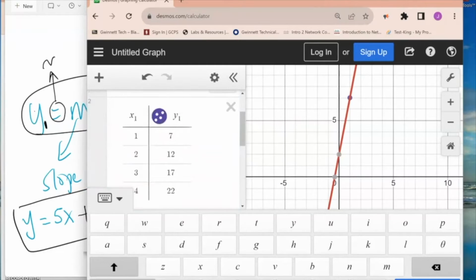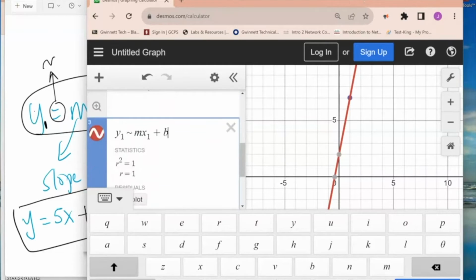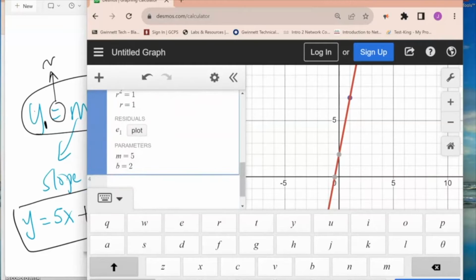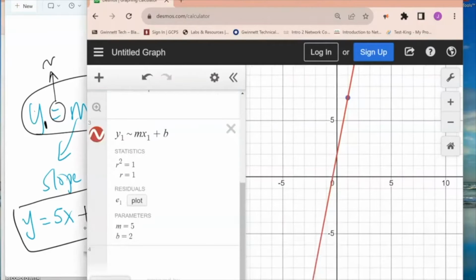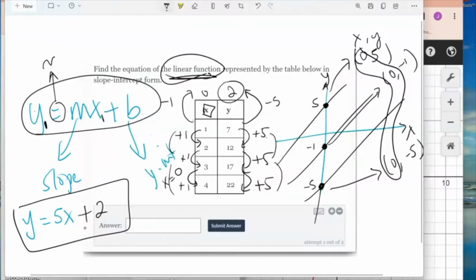So once again, you put the table in, you write y equals mx plus b, but you use sub 1 and not an equal sign, but a squiggly line. And it's going to give you what your slope is, which is 5, which makes sense. And your y-intercept was 2. So if the table is not as easy as this, in other words, it's not changing constantly on both sides, then go ahead and just put it in the calculator and see what it is. All right, so that will be my answer, y equals 5x plus 2.